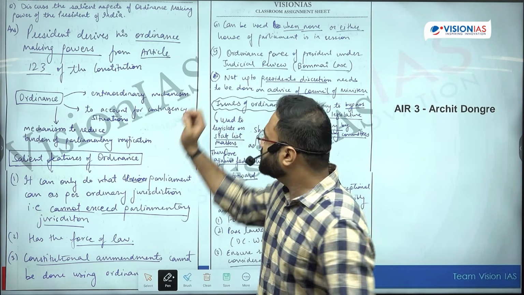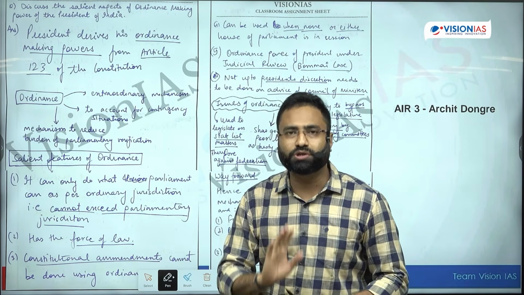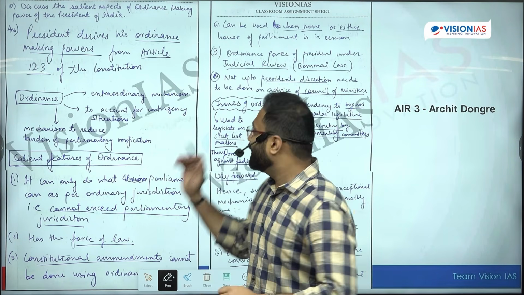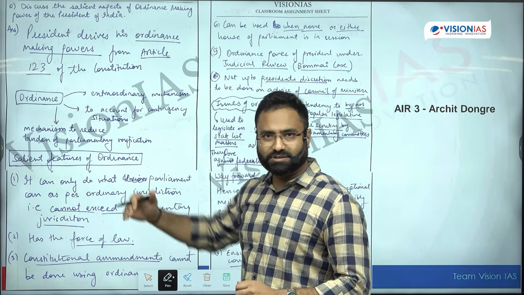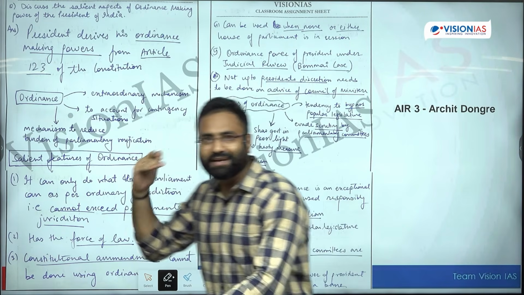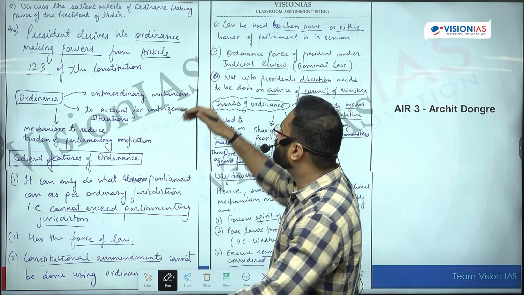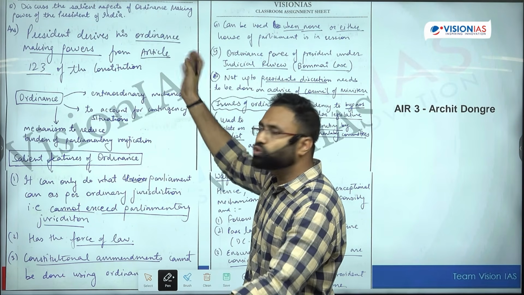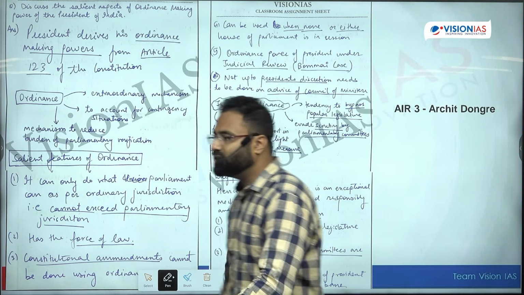So this kind of question was kept as the assignment question of this class. His thought process reflects that he got clarity about the demand of the question, which is about the salient aspects of the ordinance making power. Now, whose power is this? It is the power of the President.